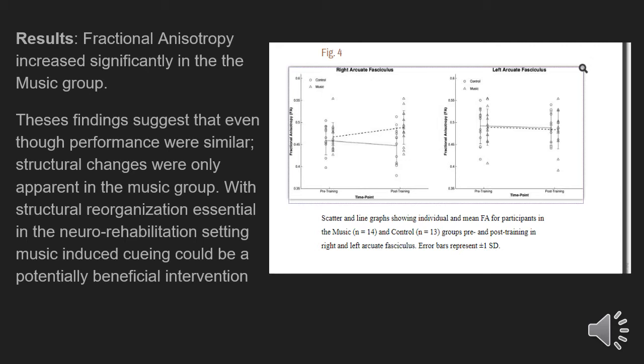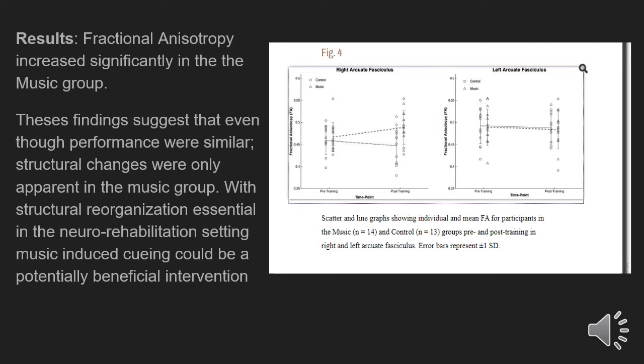What these findings suggest is that even with the performances being similar, structural changes were only apparent in the music group. When we look at neural rehabilitation as a whole, it is highly dependent on structural reorganization. This could indicate that music-induced cueing could be a very beneficial intervention in the neural rehabilitation setting.